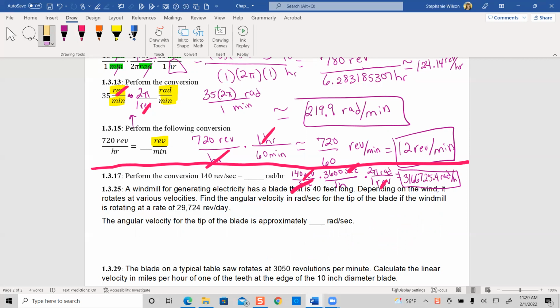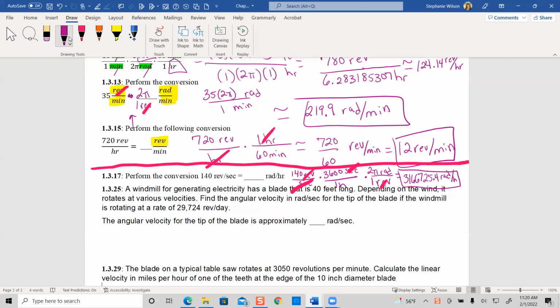So we got 2 more to solve. Let's solve this next one. This one's talking about the angular velocity. So we're going to use the formula, and we're going to solve for our angular velocity, which is called our W, which is omega.